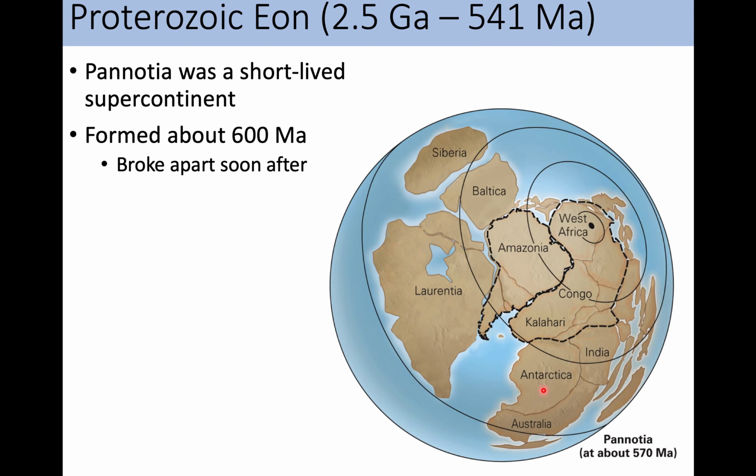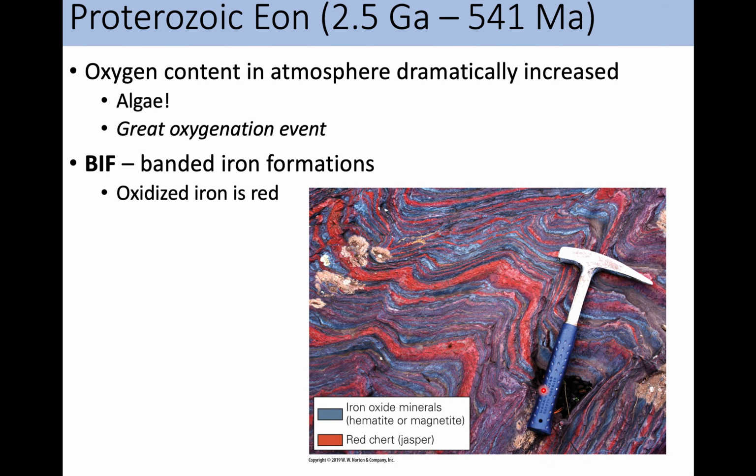After that time period, we had oxygen in our atmosphere increase greatly. There was a boom of algae in our oceans. Life in our oceans, single cellular life, I should say, was thriving. This led to what we call the Great Oxygenation Event.